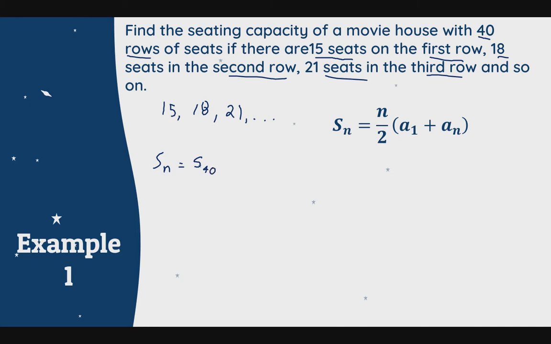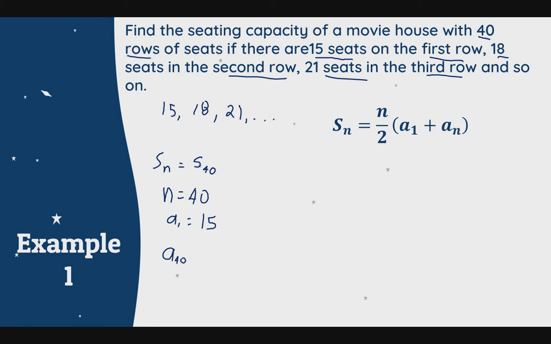So if S sub n is equal to S sub 40, then our n is 40. Our A sub 1 is equal to, very good, 15.